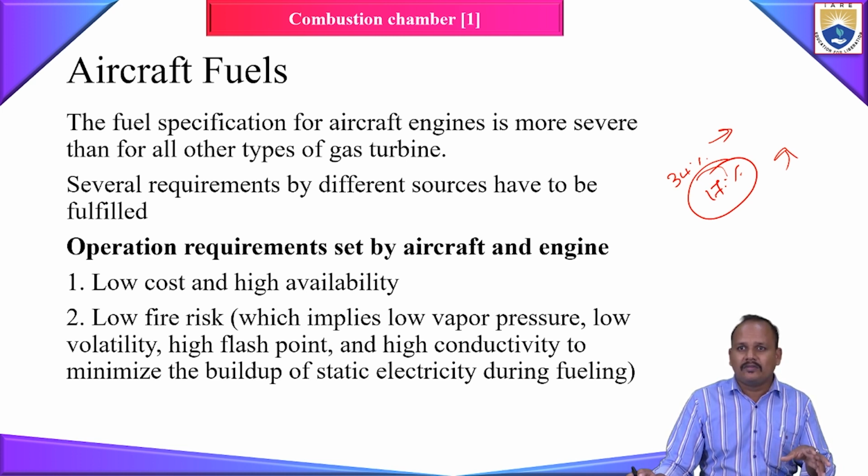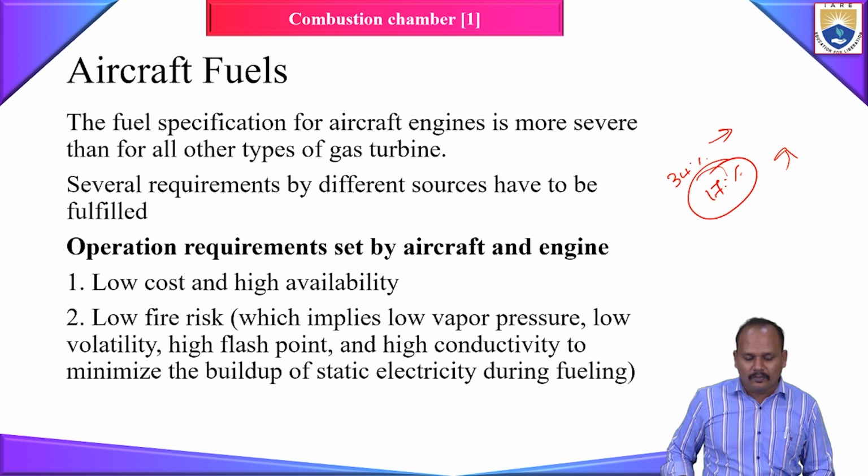We need this because when you are fueling, the static electricity which is generated will be easily conducted away, such that you will not have a fire risk problem. So for that, we artificially increase the conductivity of your aviation fuel.